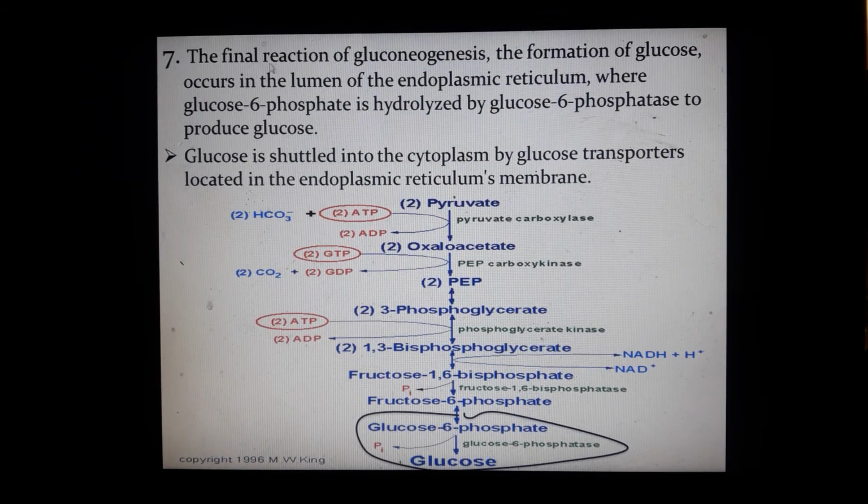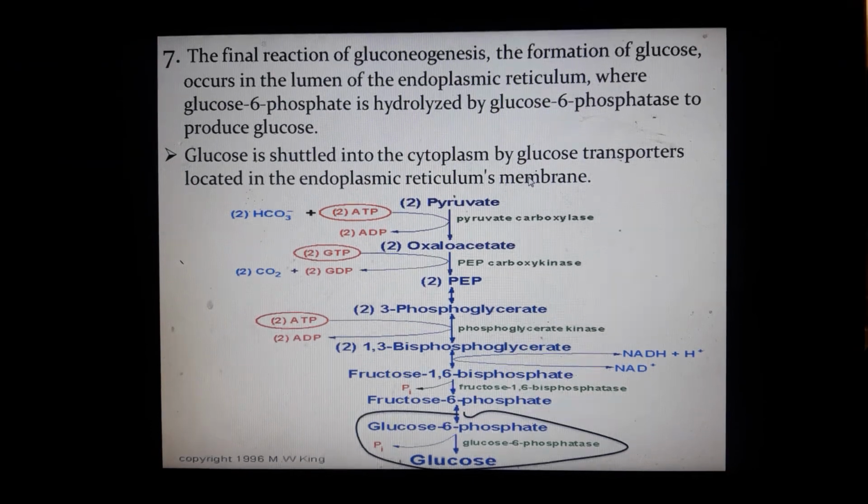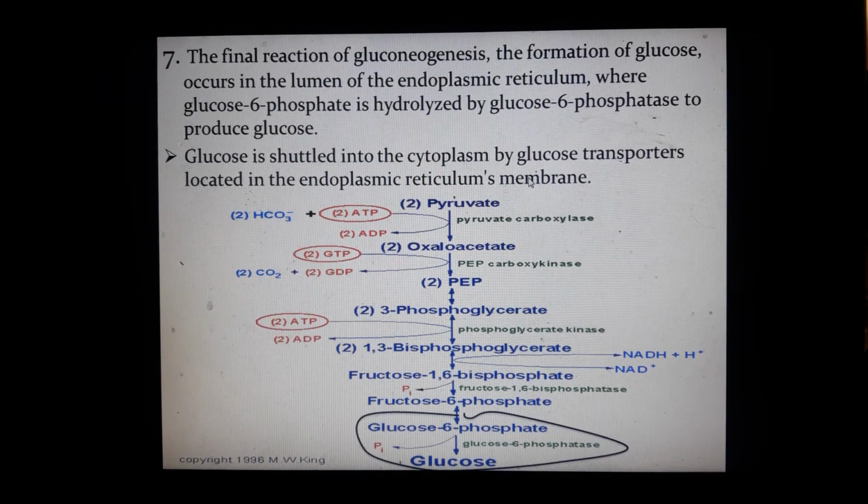Finally, the final reactions of gluconeogenesis, the formation of glucose, occur in the lumen of the endoplasmic reticulum, where glucose 6-phosphate is hydrolyzed by the glucose 6-phosphatase enzyme, phosphatase, okay, to form glucose. So glucose is shuttled into the cytoplasm by glucose transporters for the glycolysis process again.